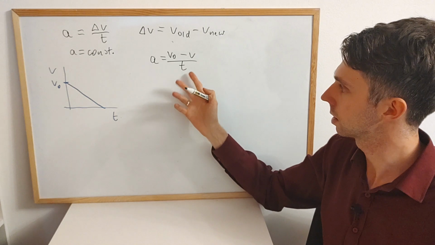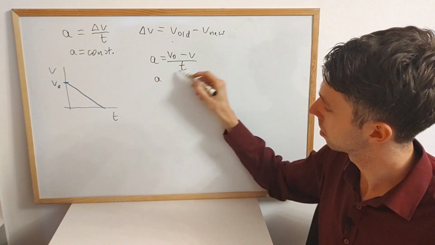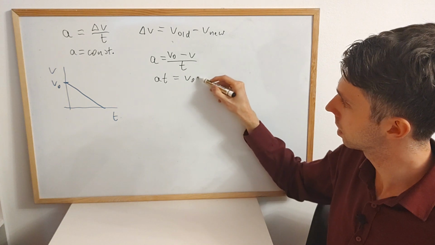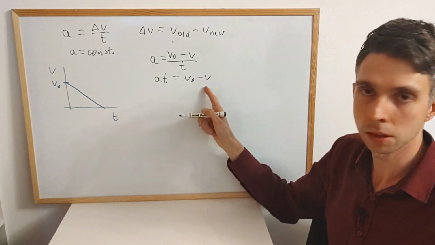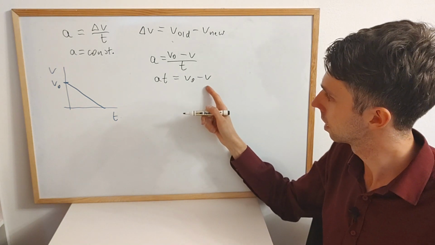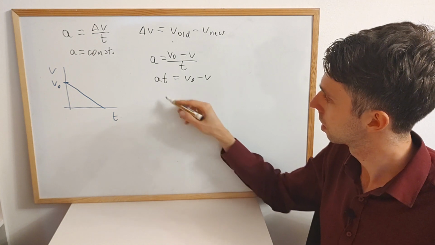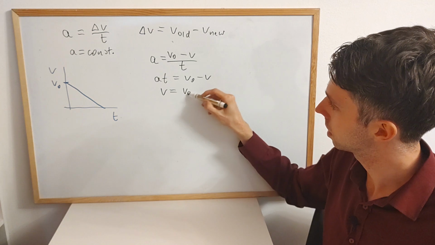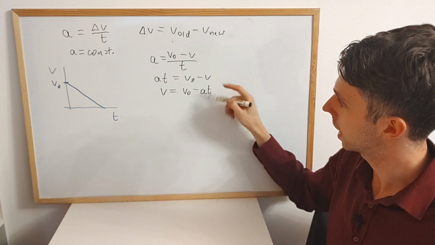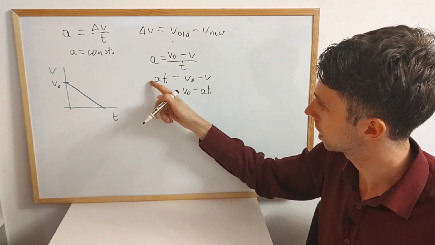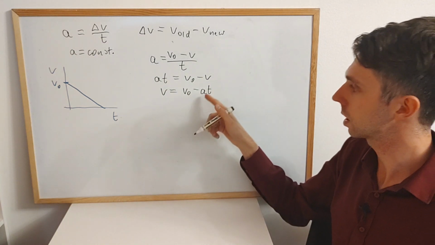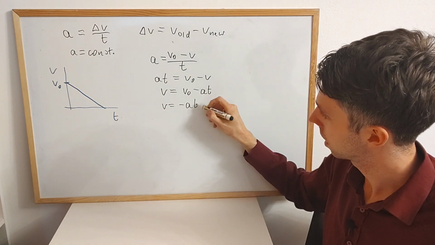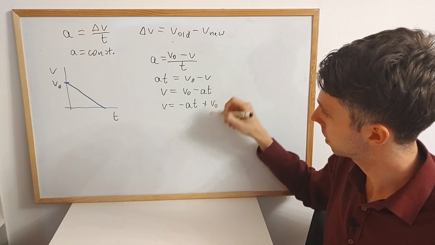So you can multiply by t, so it's at equals v0 minus v, and I want to calculate v, so it will be v equals v0 minus at, so you move v here and at here, or it's v equals minus at plus v0.